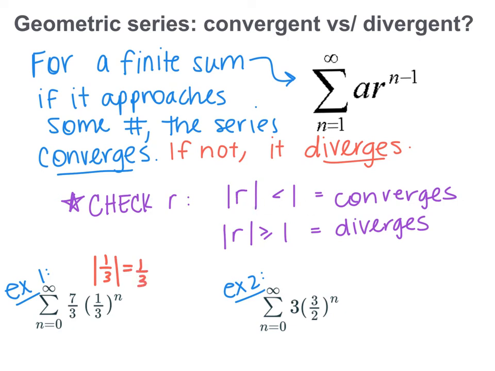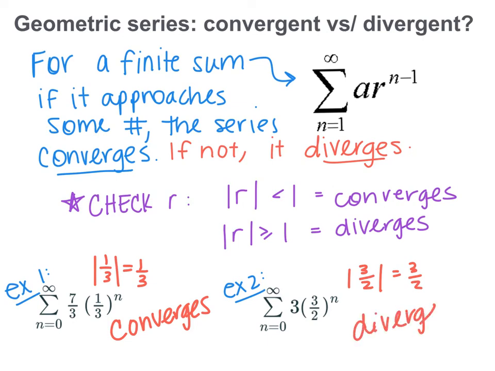So that means that series converges. If I look at this other example, I'm only going to be looking for r. I have 3/2. If I take the absolute value of 3/2, that gives me 3/2, and that's greater than 1. So that means that series diverges, which means that I can't find a sum for that.